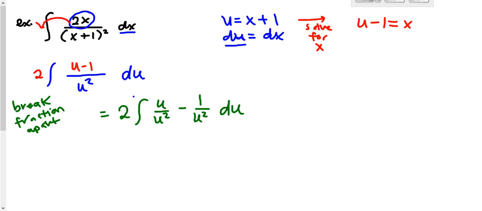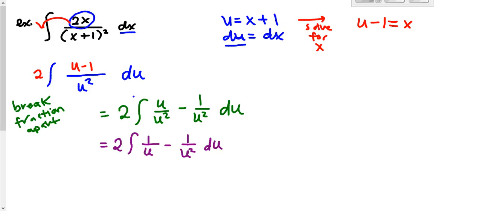Okay, so from there we'll simplify. We can cancel this out. So leaving the 2 out front, u divided by u squared is 1 over u, minus 1 over u squared still, du.